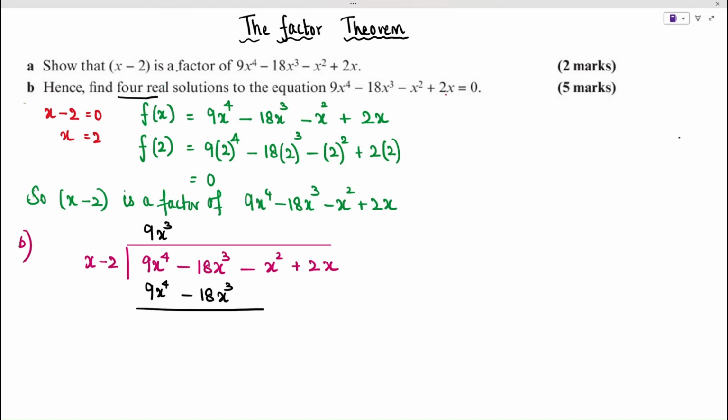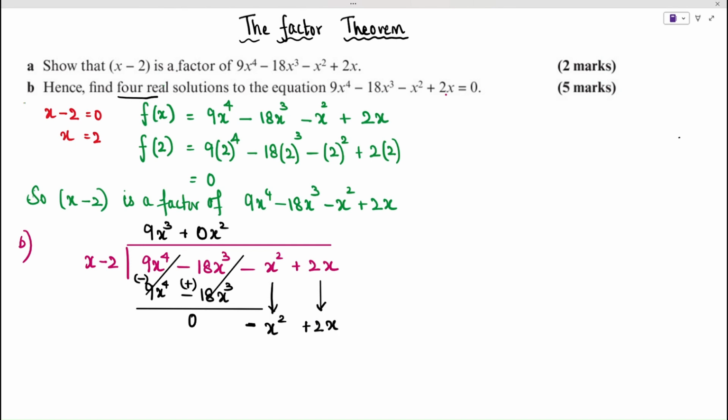And so we subtract our second line from our first, and both of the values here cancel out. Since we're left with the 0, we add a 0 into our coefficient for 0x squared, because that's the next term lower down. And now we bring down both minus x squared and plus 2x.